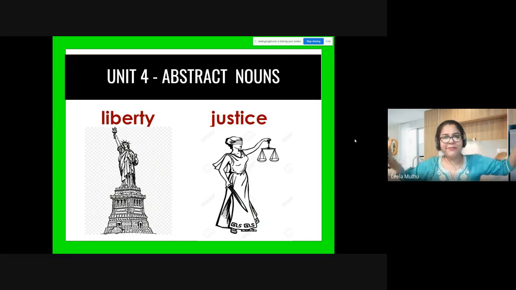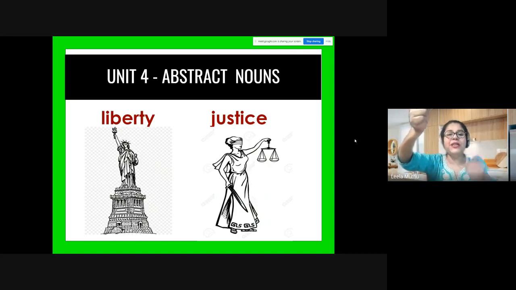Liberty is a concept of freedom. It's just another way of saying freedom. It is represented by a symbol like the Statue of Liberty in the US. Then justice is always represented by a woman who is blindfolded, holding a balance which is held equally to show that justice is meted out equally.